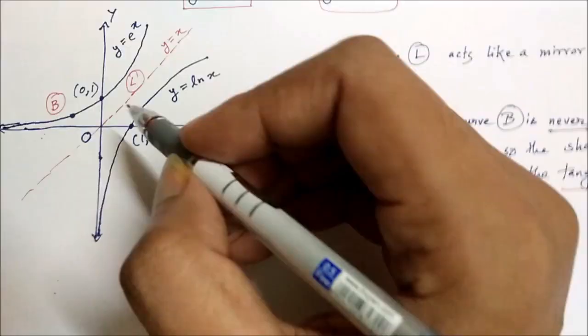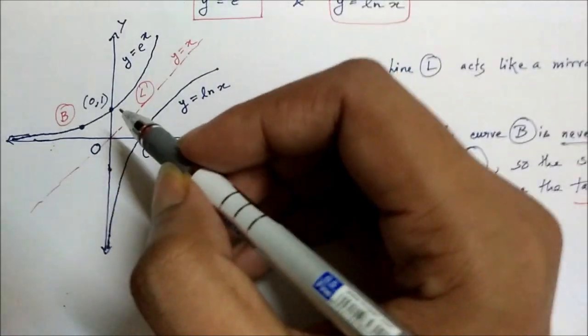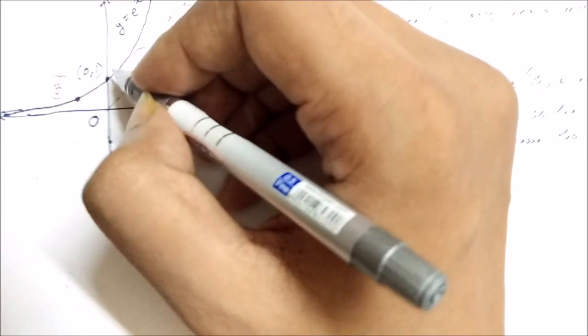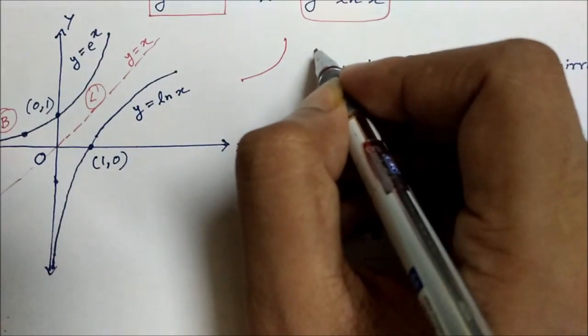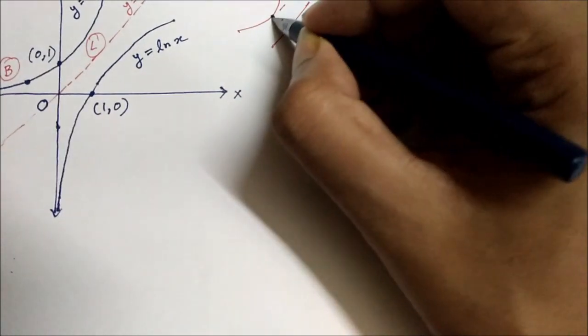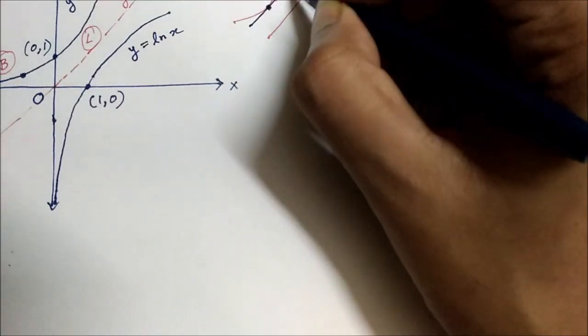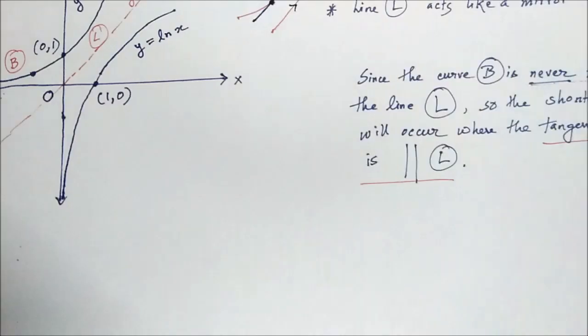My figure is not actually accurate, because once you get to the answer you will find out. Suppose somewhere here, here's the magnified figure. This is the curve B and this is the line L. We want to find this point where the tangent is parallel to the line.